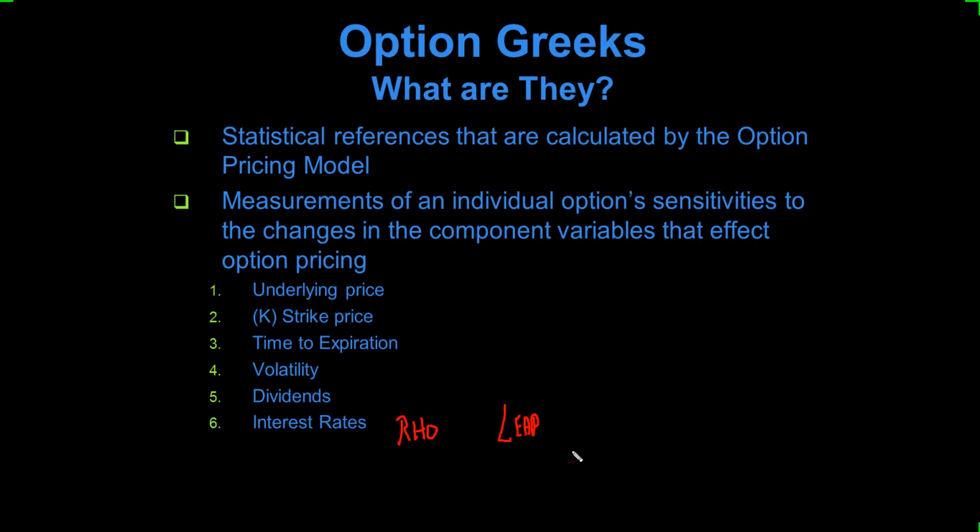And if you're bullish over the next 2 years, or 3 years rather, you can play that. But interest rates are going to play a huge role in that because interest rates are going to generally go up or go down, more likely go up over those 3 years. So you're going to pay a little bit more for those contracts because they're going to factor in the fact that if you're going long, interest rates are going to go up. So they build that into the price of an option.